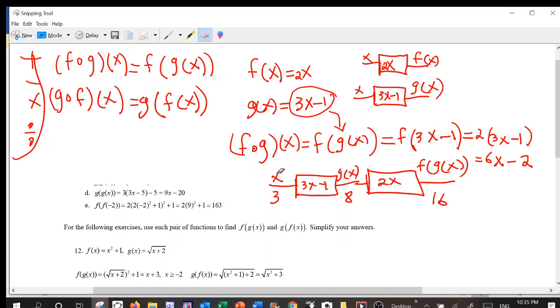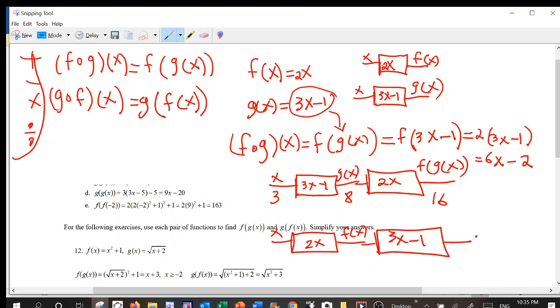Now g compose f of x is going to be what? The other way around. So we're going to put f first, f comes out, and then let it go through g. So this is f, and this is g.